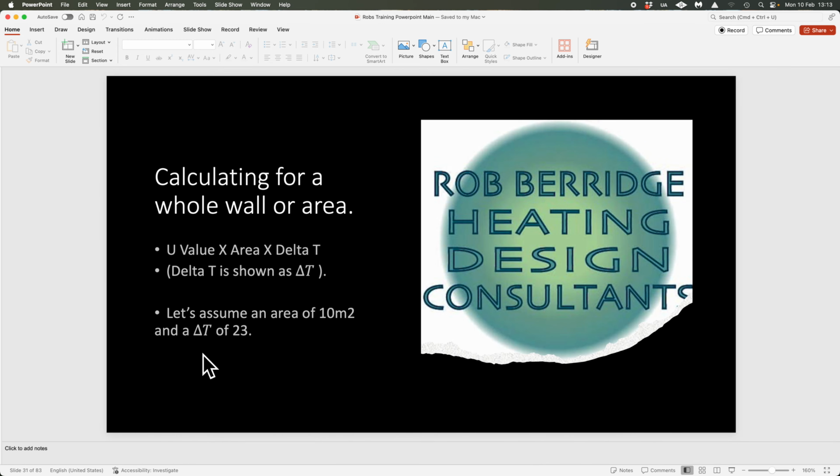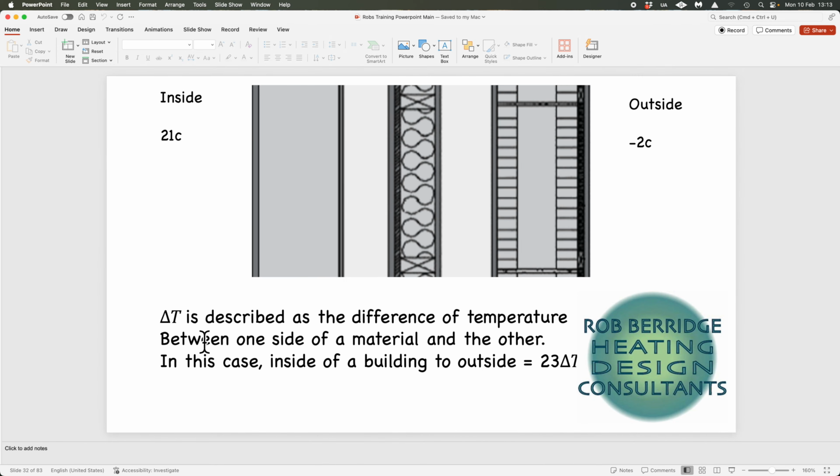And delta T you'll often see written down exactly like that symbol there, delta T. So this is where you've got 21 degrees inside, and minus 2 outside. So it's literally 21 plus 2, that is your delta T, and that is how we describe it in this scenario. So it could be anything.